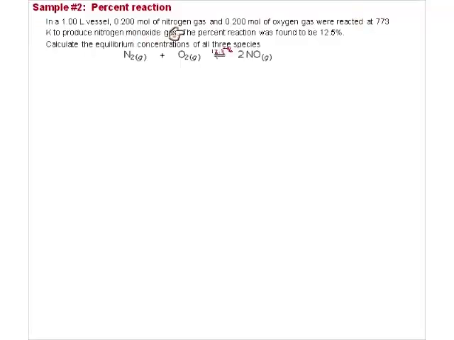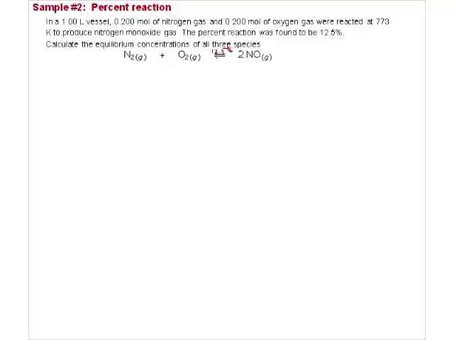And this time they're giving us information by saying that this reaction is going to go ahead 12.5% of the time. So of every single collision that goes on, the successful ones only happen 12% of the time. We want to calculate the equilibrium concentrations of all 3 species, and then I'm going to continue on to calculate K.